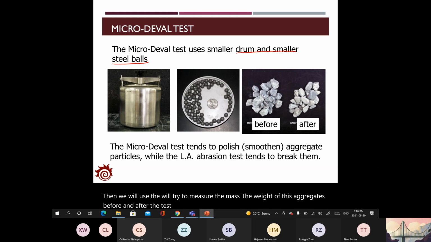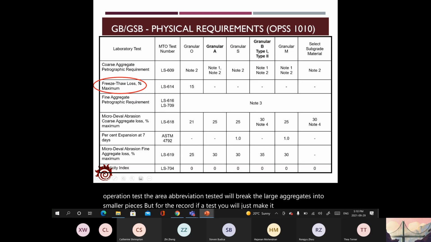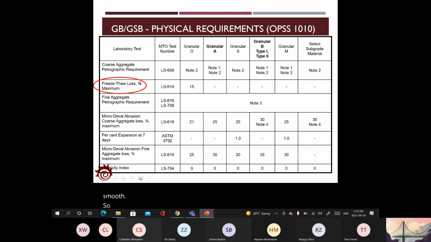So this one is clearly very different from the LA abrasion test. The LA abrasion test will break the large aggregates into smaller pieces, but the micro-Deval test will just make them smooth. So that's the requirement for the granular.